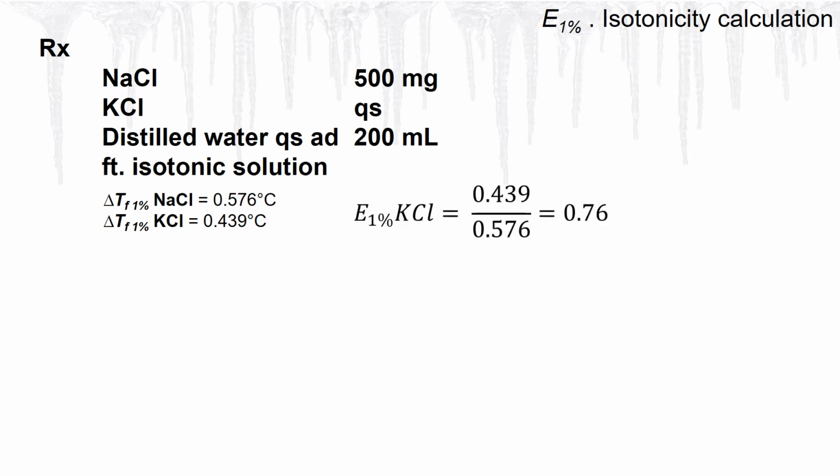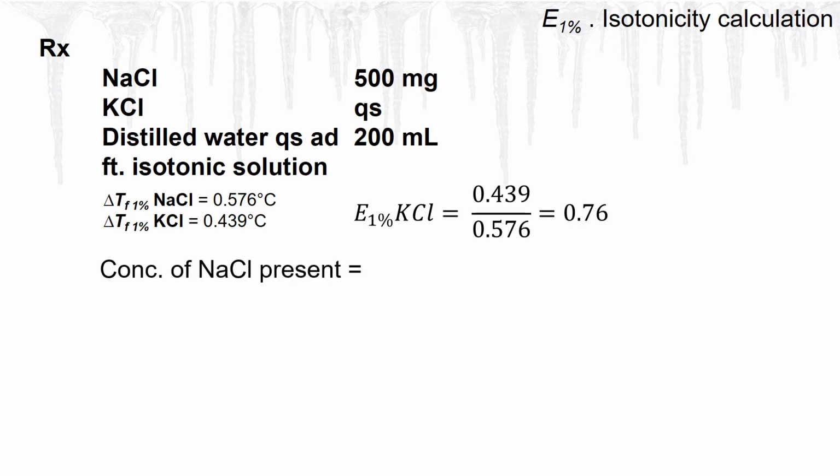For E 1% of potassium chloride, you just take the ratio of the freezing point depression value of potassium chloride with sodium chloride, and you end up getting 0.76. This 0.76 means 1% of potassium chloride will produce the same osmotic pressure as 0.76% of sodium chloride.